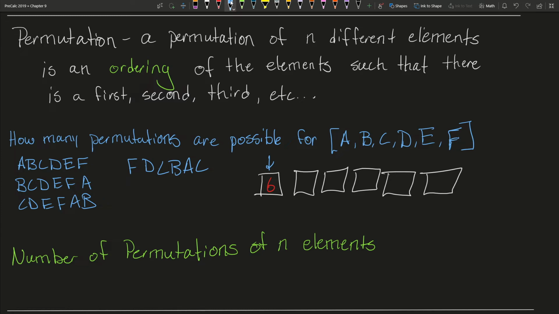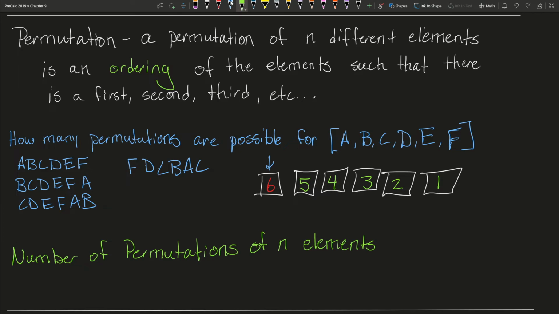So in the second position, there are only 5 different letters left. Once we take away 2 of those letters, there are 4 left. Once we take 3 away, there are 3 left. And then 2, and then there's only 1 left.